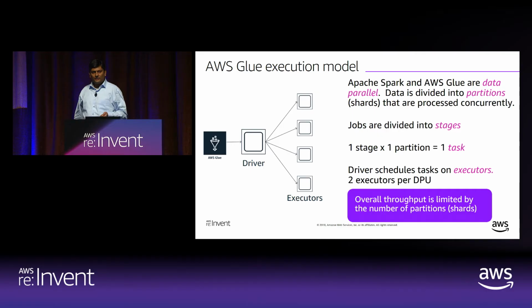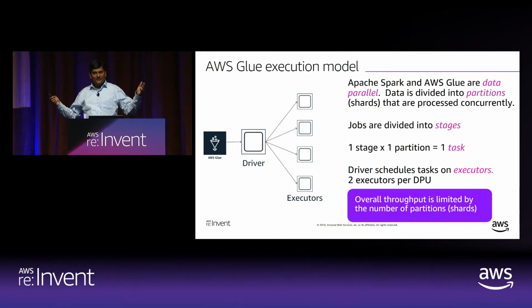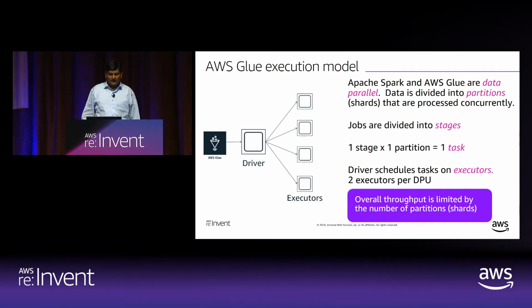And the job of the driver is to allocate these tasks to physical nodes or physical executors that actually run these tasks. So the job here for the driver is to take these tasks that are all ready to be executed and pack them onto executors as soon as they come in. Okay? So that's the scheduling that it does.